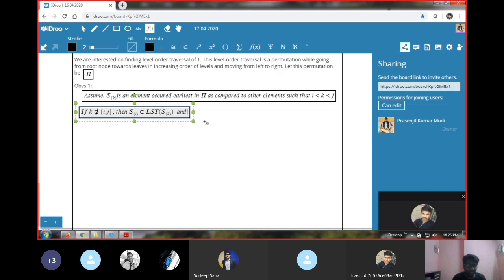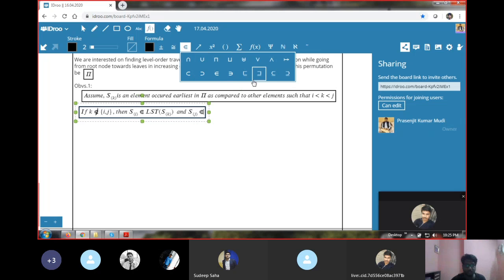And as j is greater than i, and k is an intermediate rank between i and j, so all the elements which are having rank greater than k must belong to the right subtree of sk, and one of those elements must be sj. So sj belongs to the right subtree of sk.